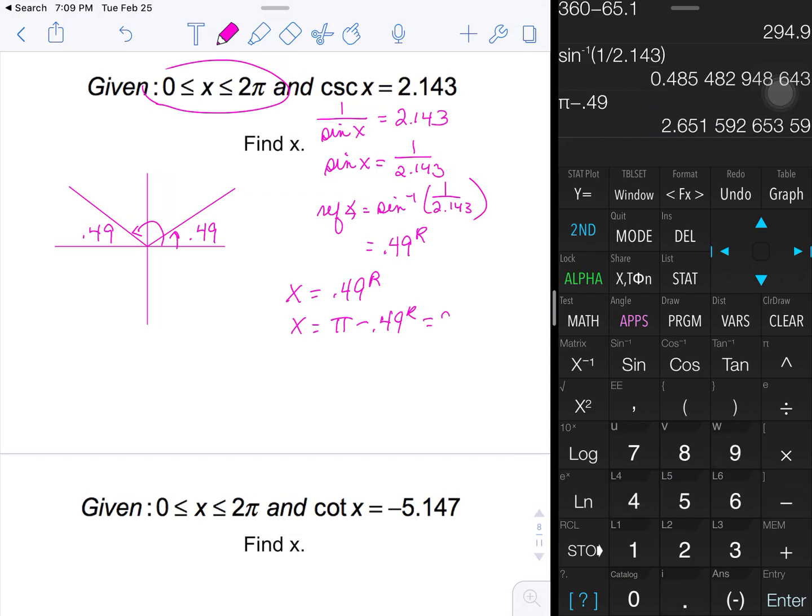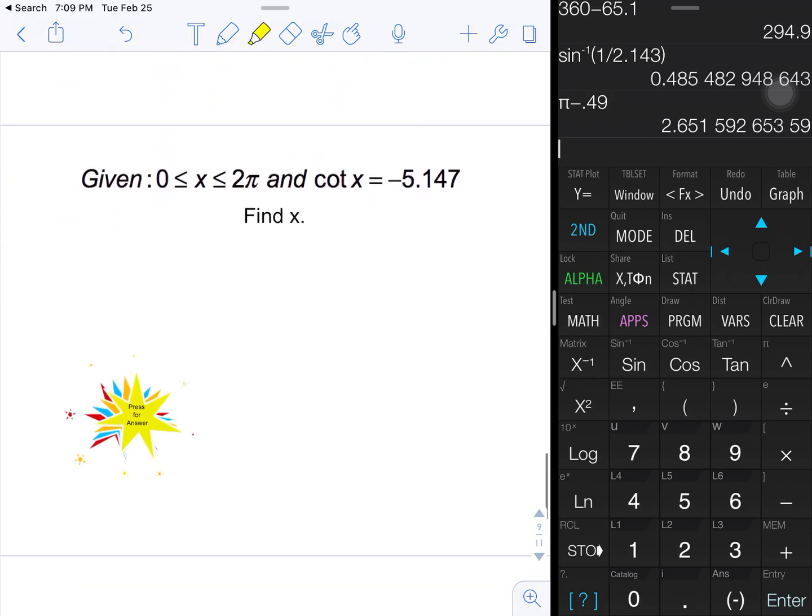So that would be 2.65 radians. Two answers, 0.49 radians and 2.65 radians. You don't have to put the R there. I just do, just to remind me that we're dealing with radians.